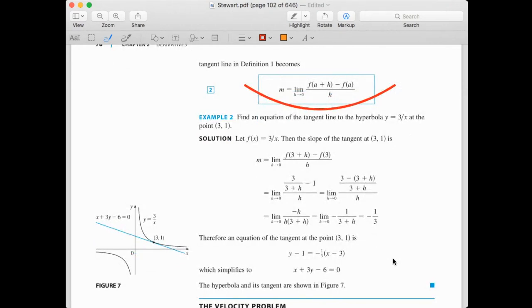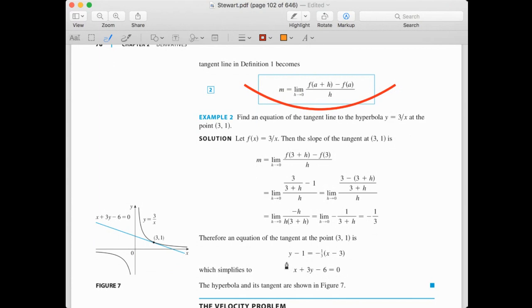Now we want to write the equation of the tangent line. So once we have the slope and we have this point, it's easy, right? So we write y minus 1, basically y2 minus y1, right? y minus 1 equals the slope times x minus x1, which is 3. Simplify a little bit, we can rewrite as x plus 3y minus 6 equals 0.